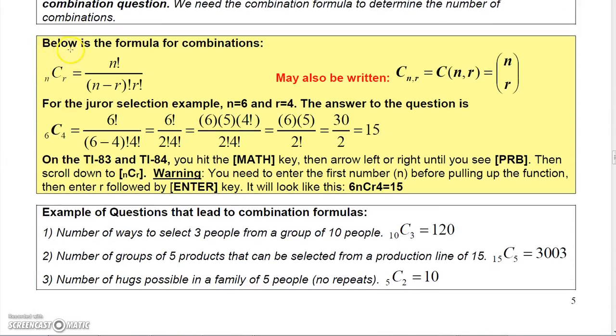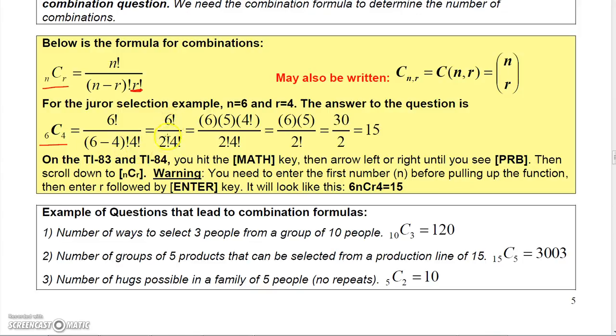The combination formula is similar to the permutation formula, except for nCr, you have n factorial on top, and you still have n minus r factorial on the bottom, but you have an extra r factorial in the denominator. So if I wanted to do 6C4, I would have 6 factorial on top, and on the bottom, 6 minus 4 factorial, and then another 4 factorial.